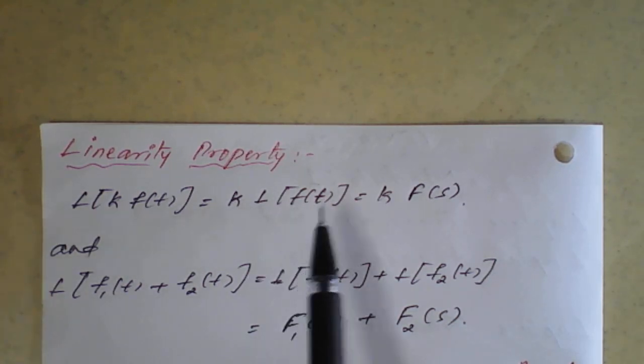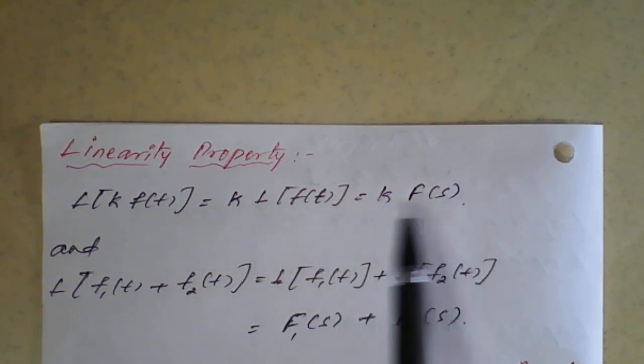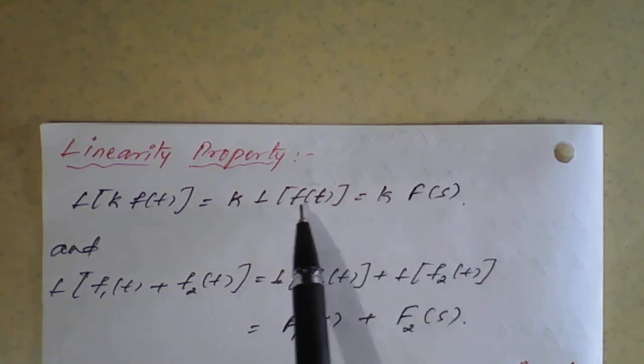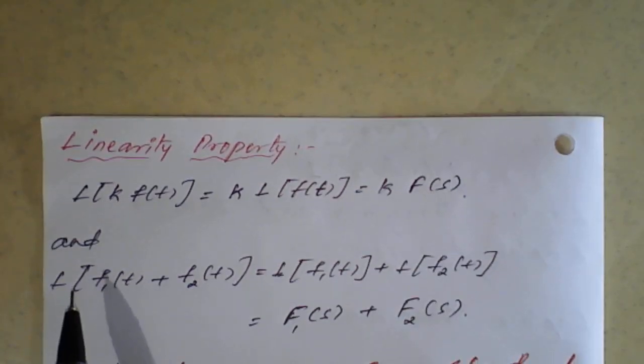K times Laplace of f of t is also denoted as k times capital F of s, meaning this is transforming from function f of t to F of s.